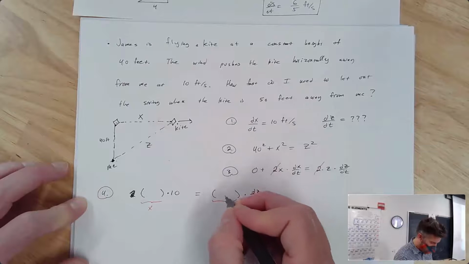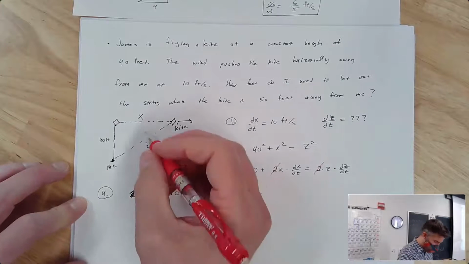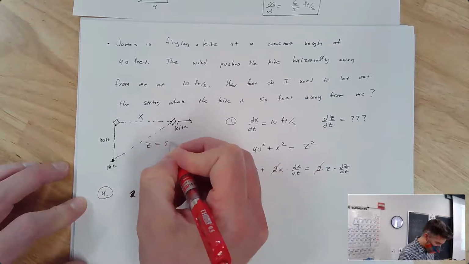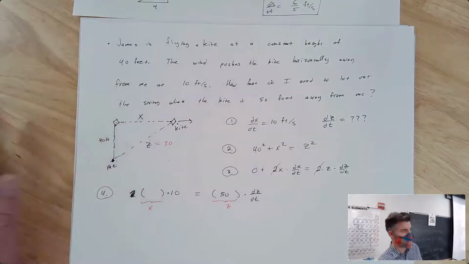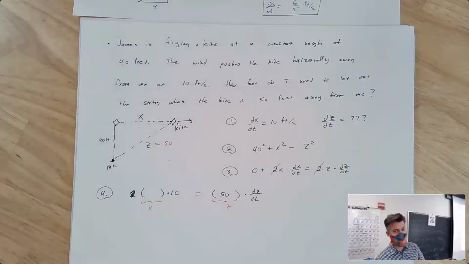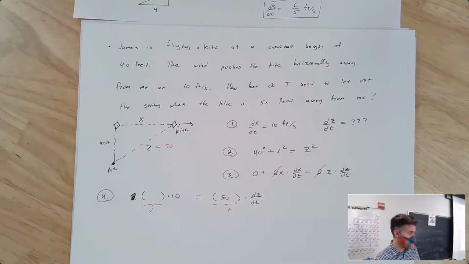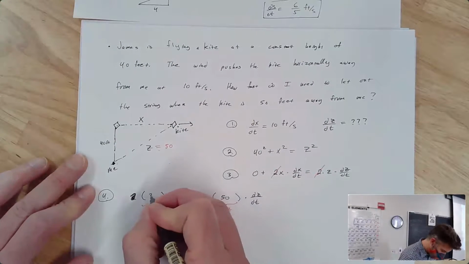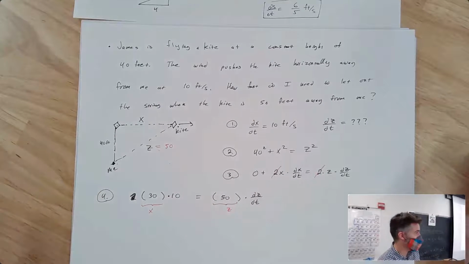So we're actually plugging in z equal to 50, which is nice, because if z equals 50, everybody should be able to tell me that x is going to be what nice multiple of 10. It's going to be 30. It's a 3, 4, 5, or a 30, 40, 50 right triangle. You're going to see these a lot.